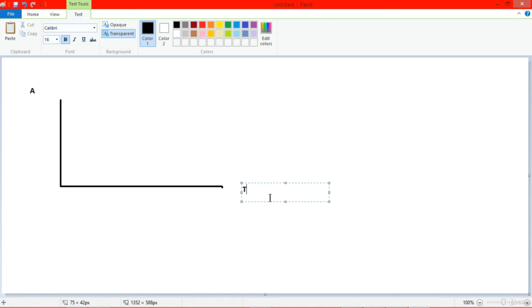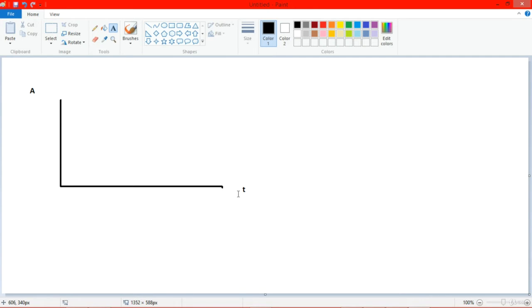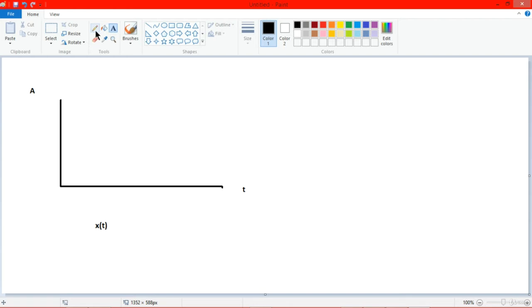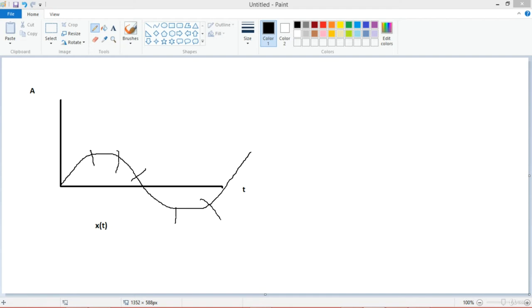Here you can see time on the x-axis and amplitude A on the y-axis. We make a sinusoidal wave like that. Now in a continuous time signal, we'll have the value of this signal at every instant. You can see.